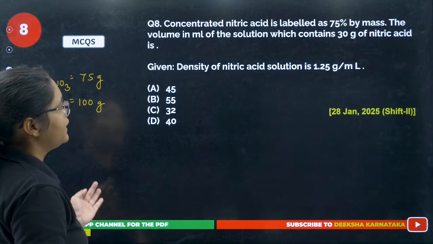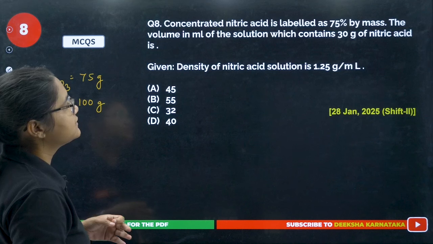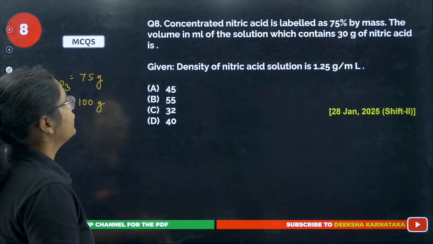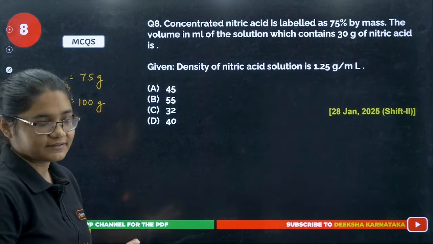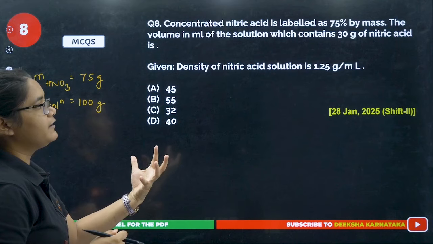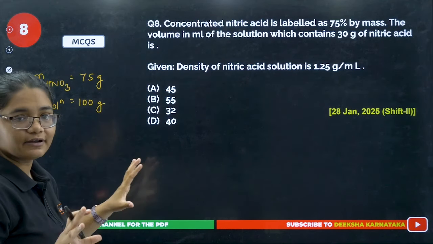So we have to find out that volume of the solution in which 30 gram of nitric acid is there.